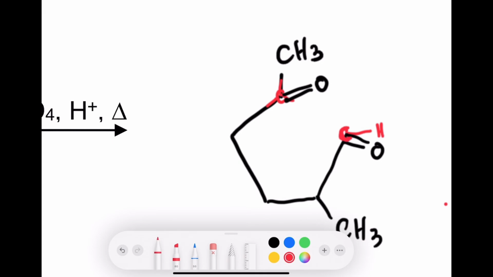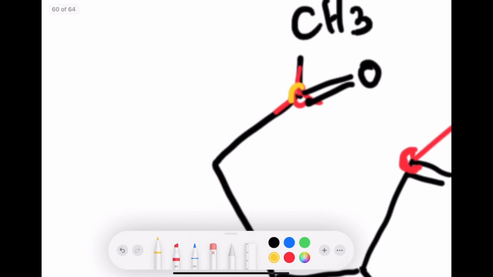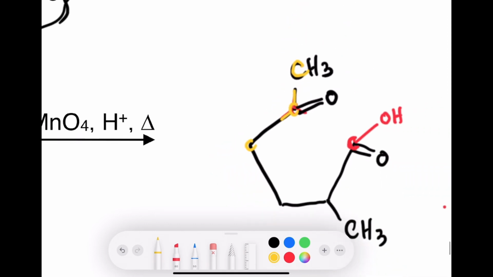But this is the carbon with 1 H, right? So this H can be oxidized, which is to become OH. But for this carbon, 1, 2, this is also carbon, this is also carbon, so this side cannot be oxidized.